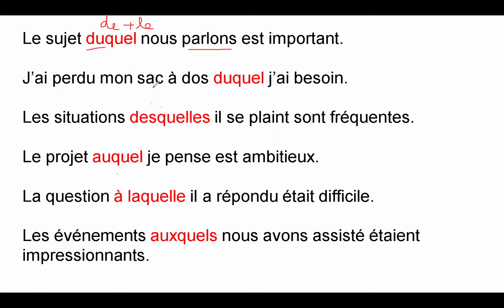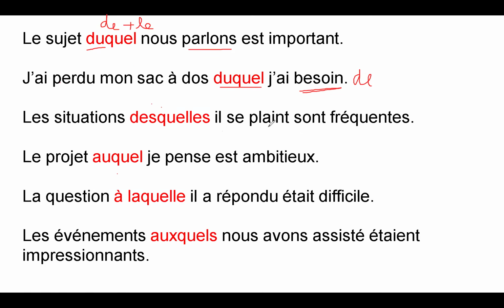J'ai perdu le sac à dos duquel j'ai besoin. Avoir besoin de is always followed by de, that we have seen in the list. So in that case also you need to put duquel. J'ai perdu le sac à dos duquel j'ai besoin, of which I have need. Now third one, les situations desquelles il se plaint sont fréquentes.